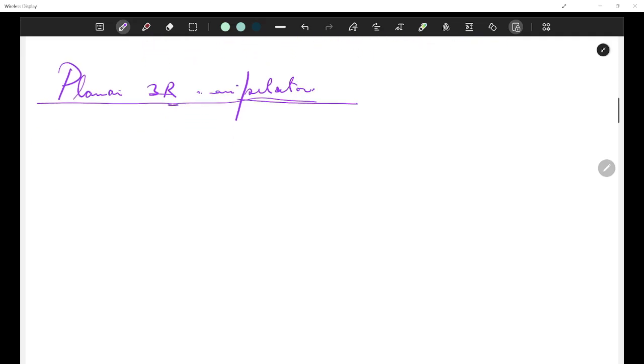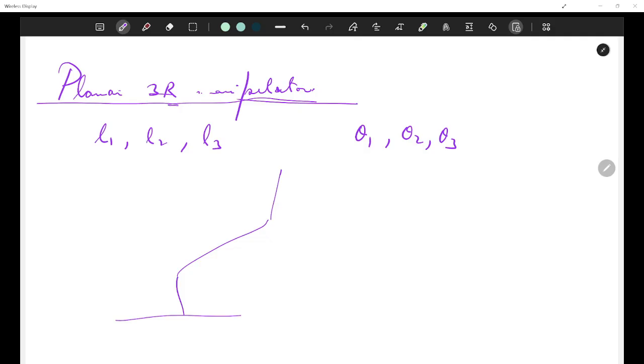The link lengths are L1, L2 and L3, and the joint variables are theta 1, theta 2 and theta 3. Let's say it has an end effector here. This is theta 1, this is theta 2 and this is theta 3.